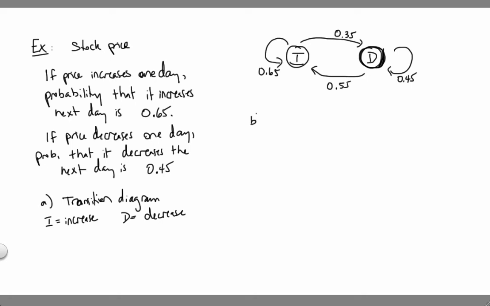Okay, based on that, let's turn that into a transition matrix. If we wanted to give our transition matrix a name, we'd call it P. Always a good idea to label our categories. And whatever categories you use for the rows, you should use the same order for the columns. So if you go I and D here, you have to go I and D there.